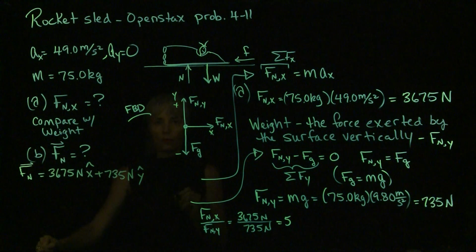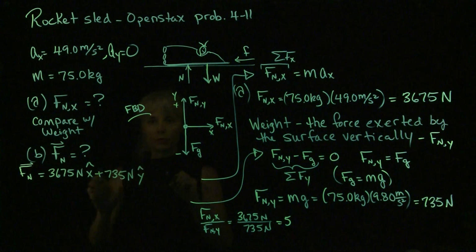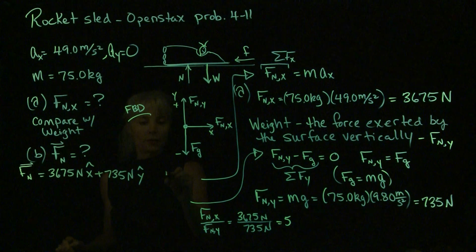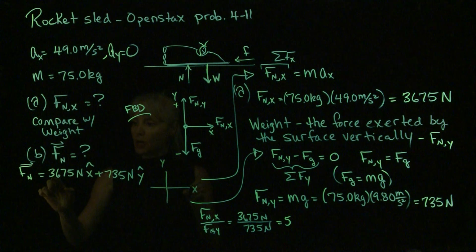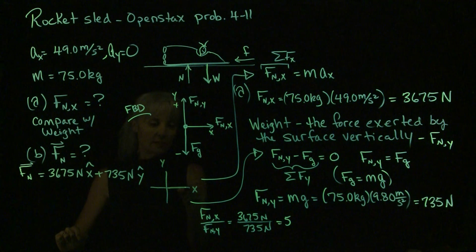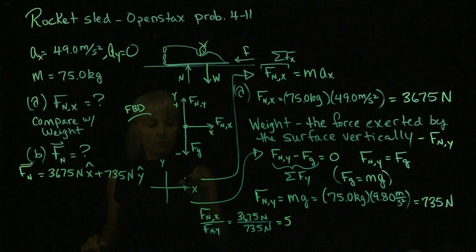So here is the normal force in component form, and now we want to flip it into MAD form. So I'm going to go ahead and draw a little coordinate system. Anytime I'm trying to go back and forth between MAD and component, I'll always draw a coordinate system to represent it. So here is my x-axis and my y-axis, and I'm going to go 3,675 newtons out on the x-axis, and then 735 newtons along the y direction.